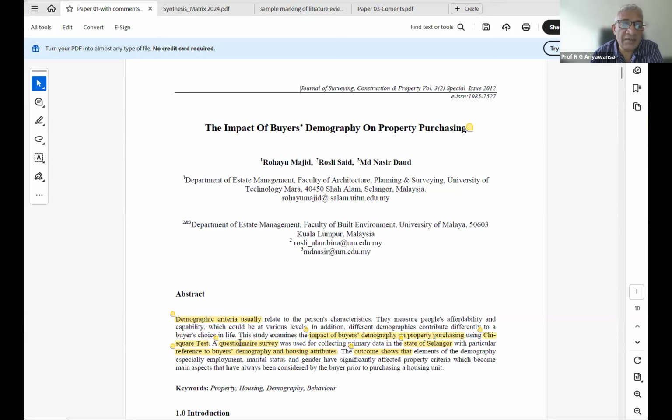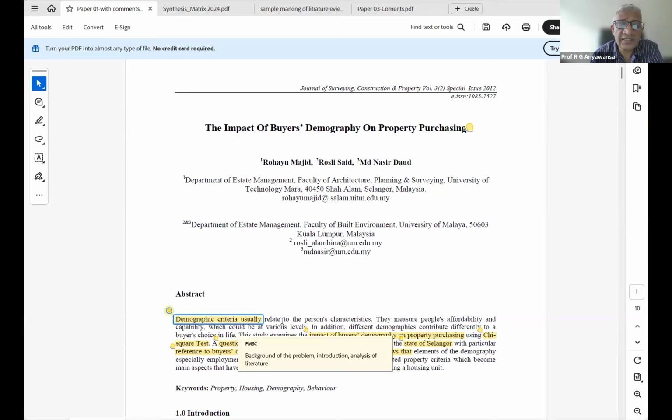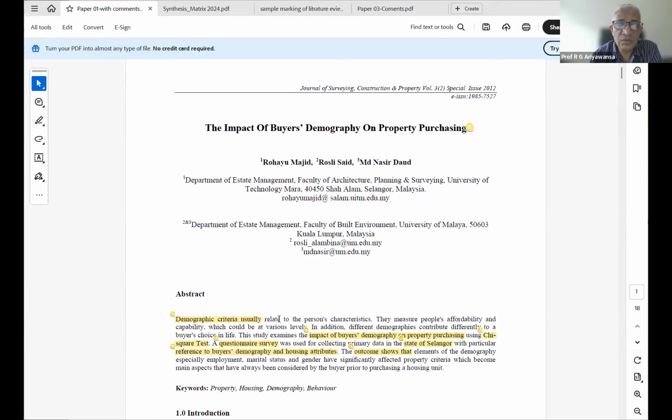So: demographic criteria usually relate to the person's characteristics. The statement is simple or broad, a universal definition, a general definition. That is what I am talking about. We have to start in a general way, in a universal way, with a general statement, in a broader context.